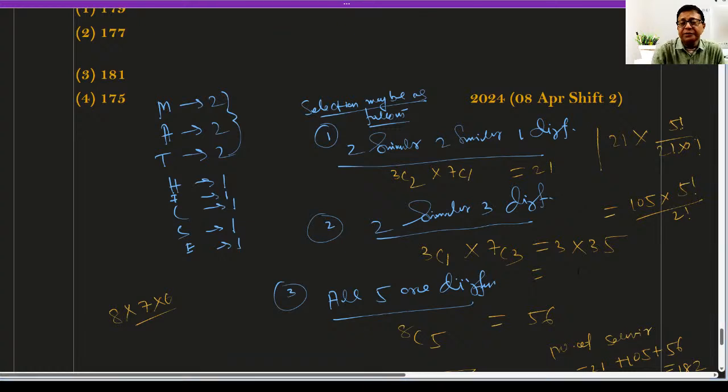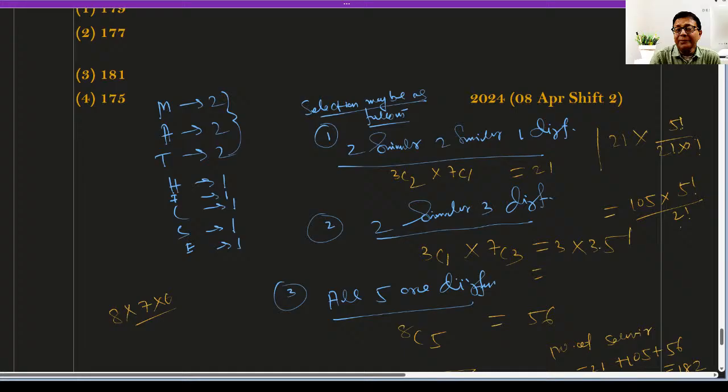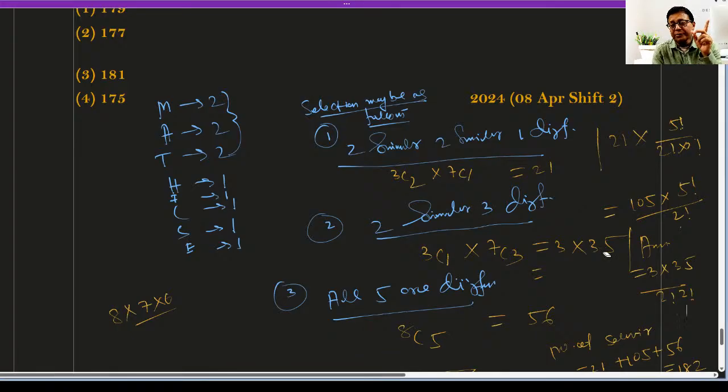two similar, two different selection is done. So arrangement will be how many? Two similar, so factorial 5 by 2 factorial. Sorry.